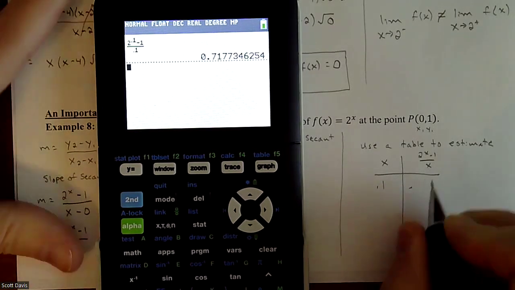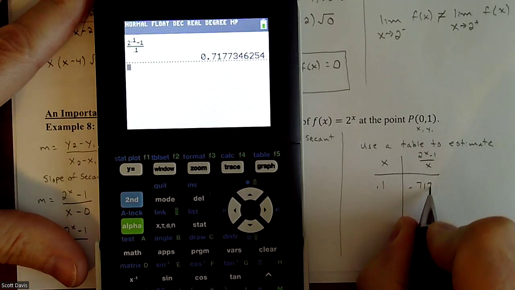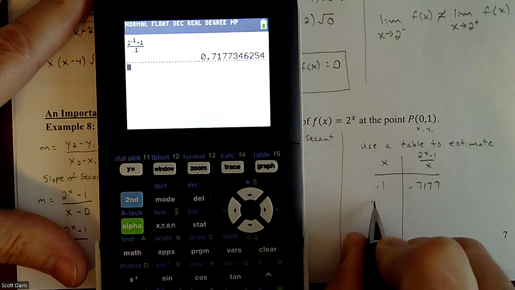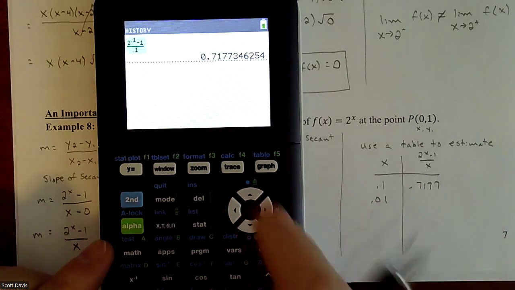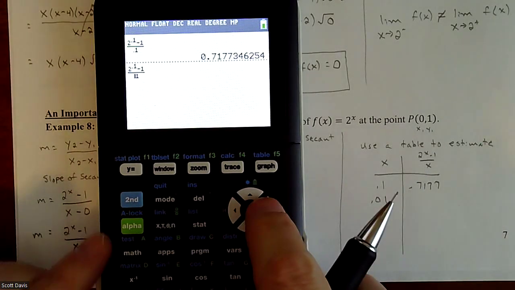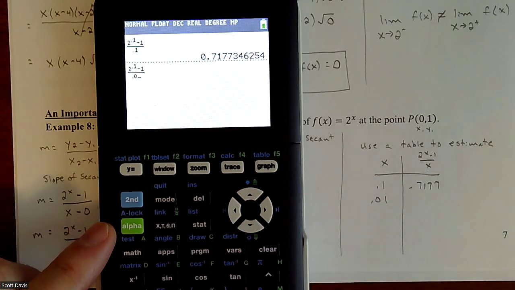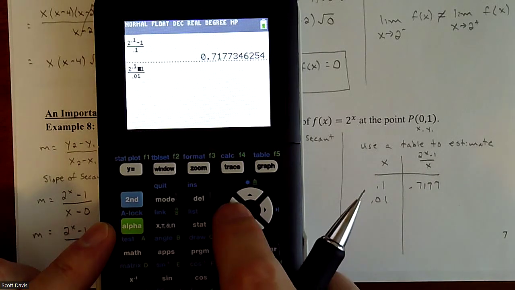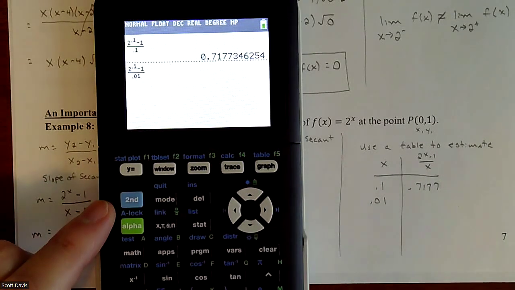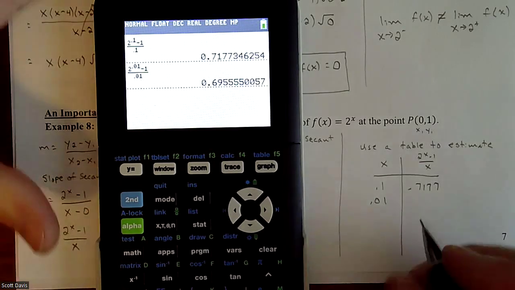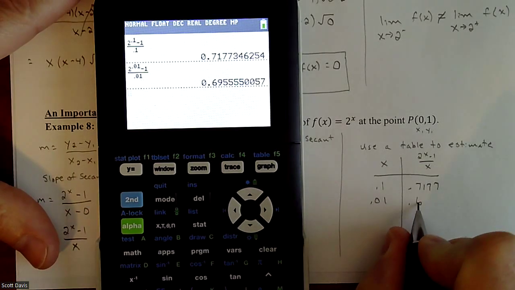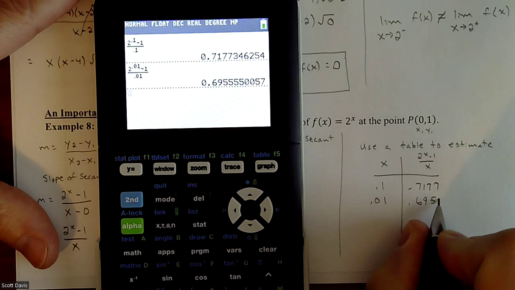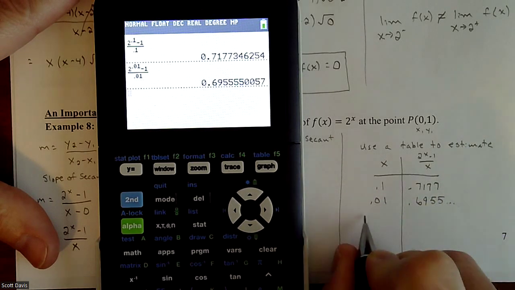So we get 0.7177. And then we're going to get closer, so we insert a 0. Now we're getting 0.6955, and a bunch of values after that.